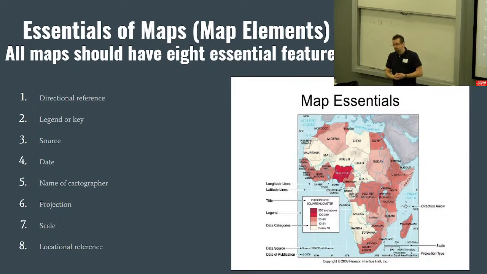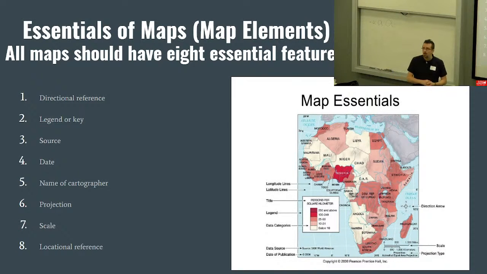All right. And then we have a locational reference. A locational reference can take many different forms. In this case, we have the lines of latitude and longitude. Remember, students, that those lines of latitude and longitude, we call that a graticule. Those lines of latitude and longitude are our locational reference.